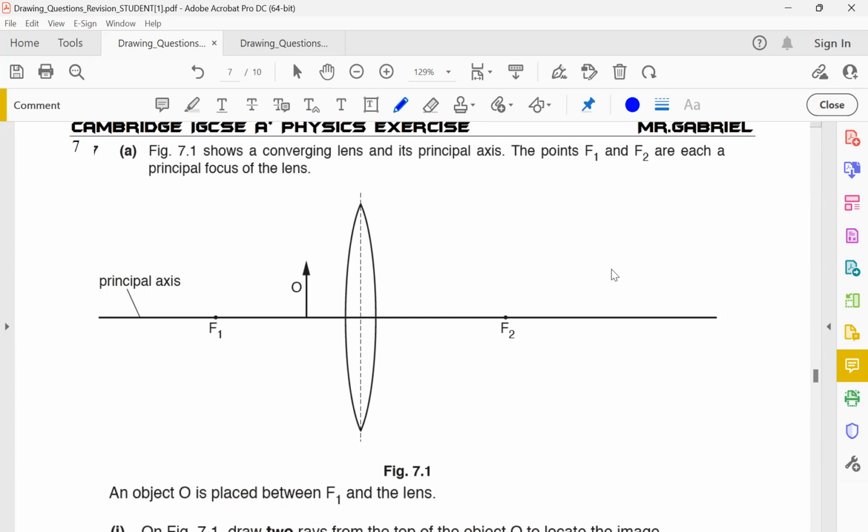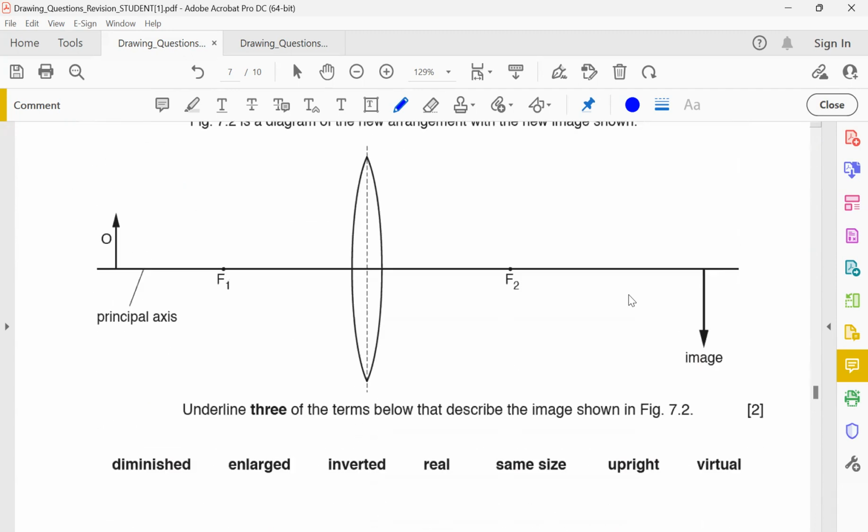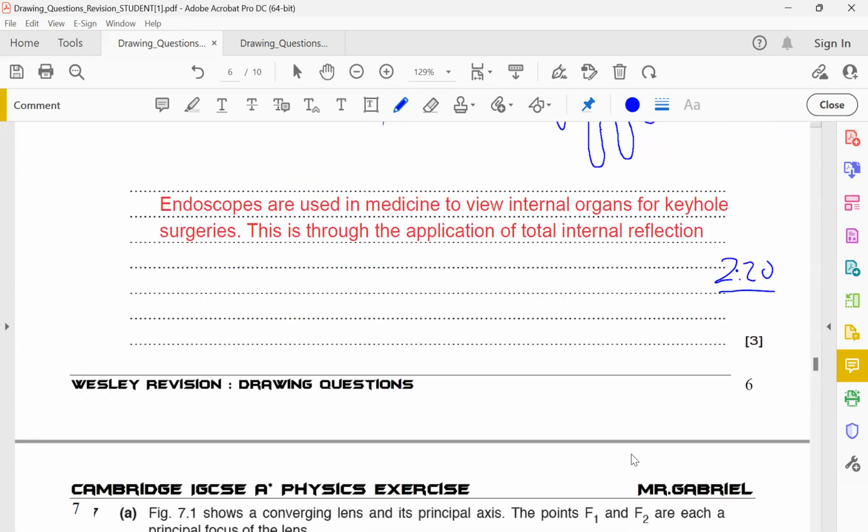We have 1 more minute to attempt question number 7, guys. Boys and girls, check answer for question number 7.